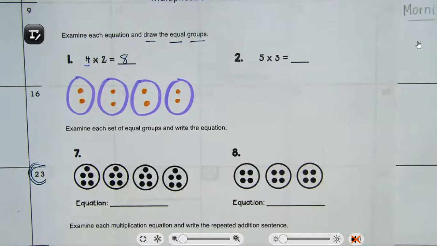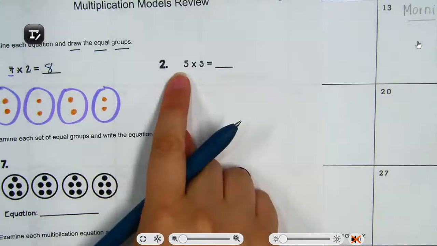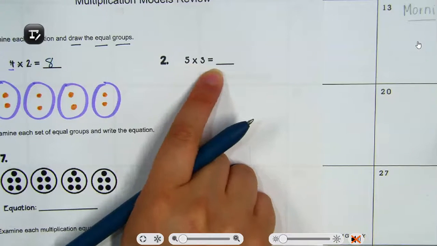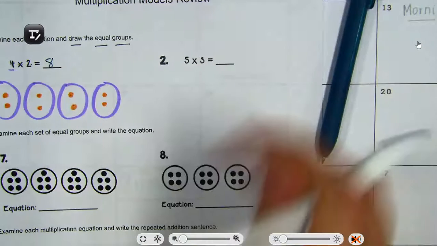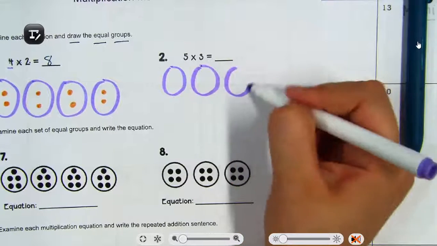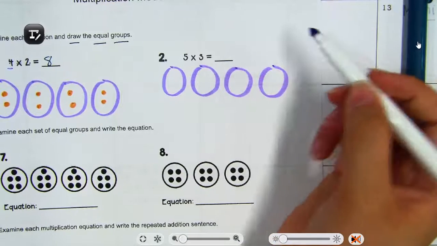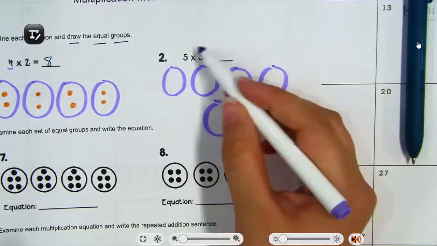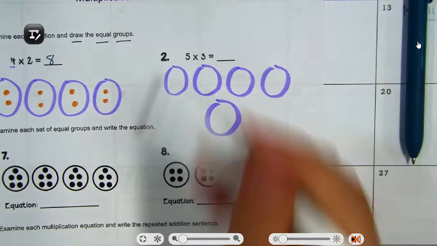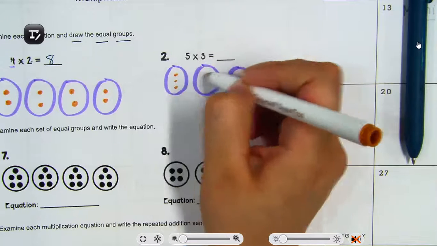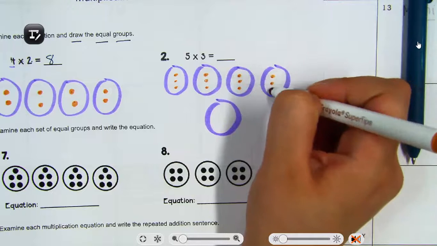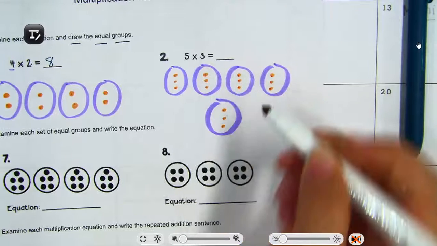Okay. And so my next one is 5 times 3. So that means 5 groups of 3. So I'm going to have 5 groups. 1, 2, 3, 4, 5, and 3. The 3 is telling me what to put in my groups. So 1, 2, 3 in each group.